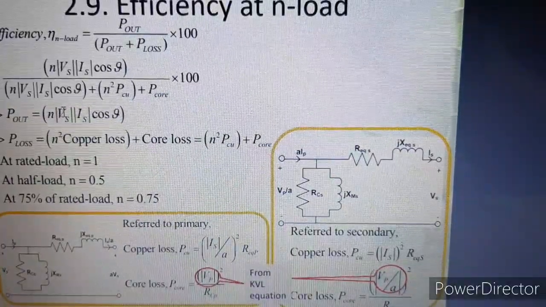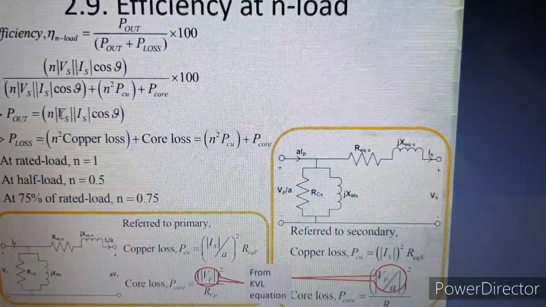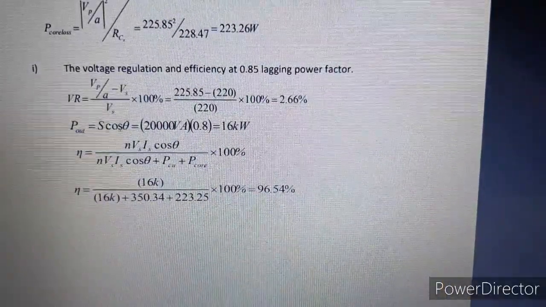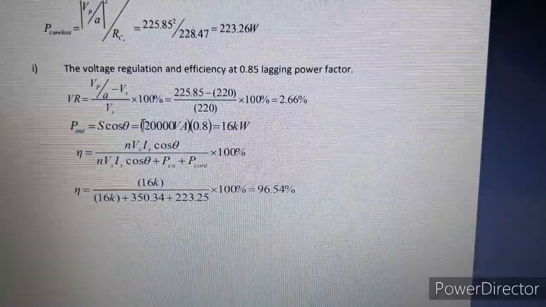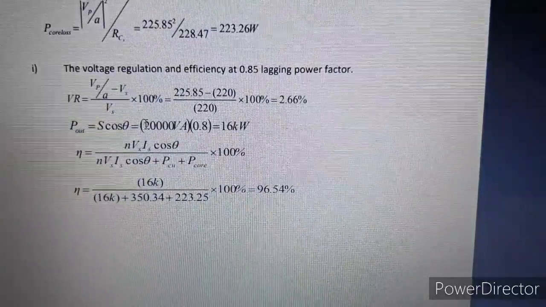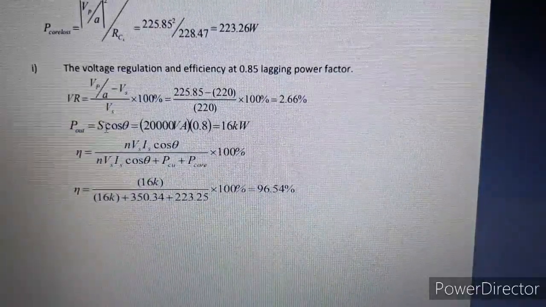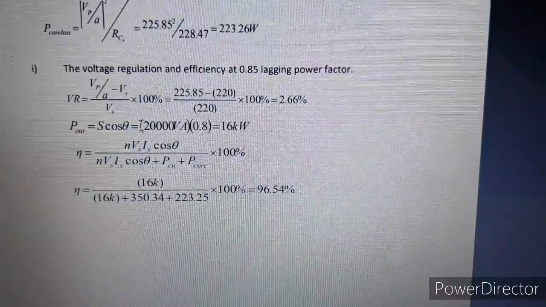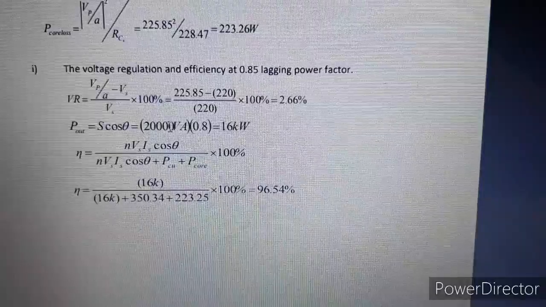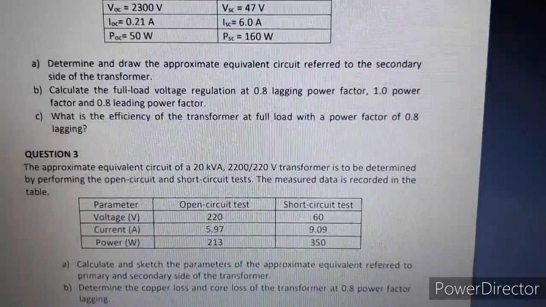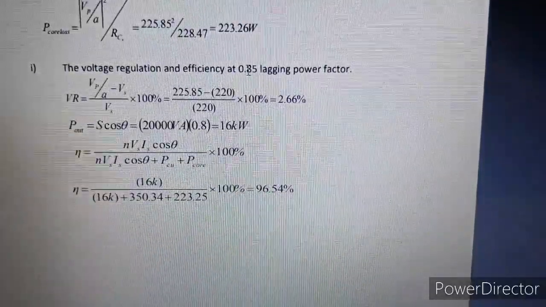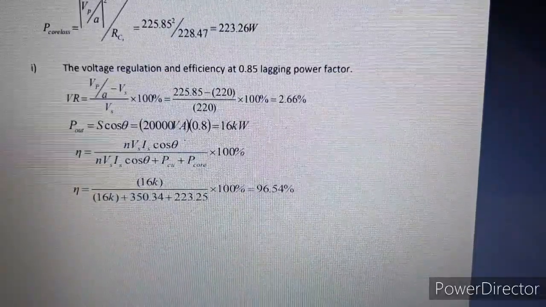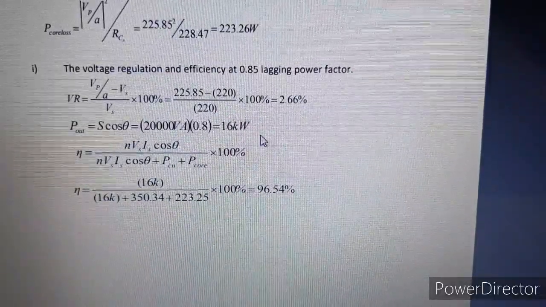But actually VS rated times IS rated equals your S rated, so that's why you can use S here. But your N is still there, though in this case it is 1, so you don't need to multiply it. But if you have N of 0.5, you need to multiply 0.5 times 20k, that is your S rated from the question. Then times power factor, so you get P out.